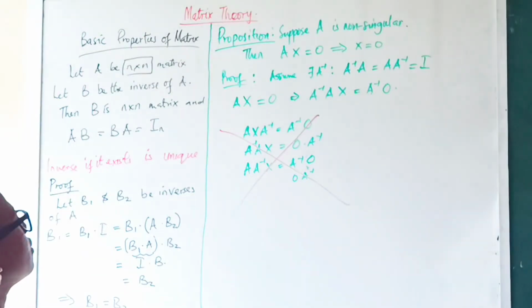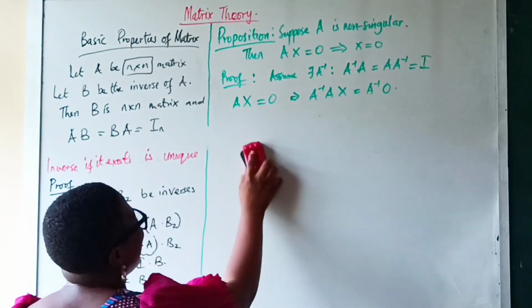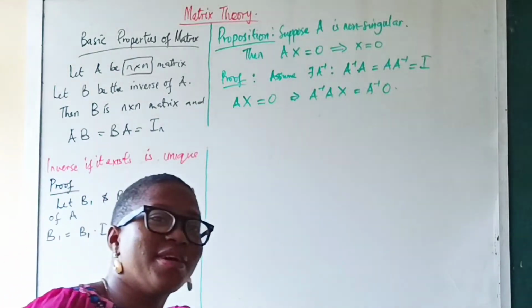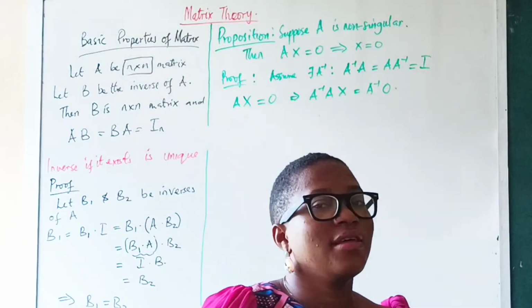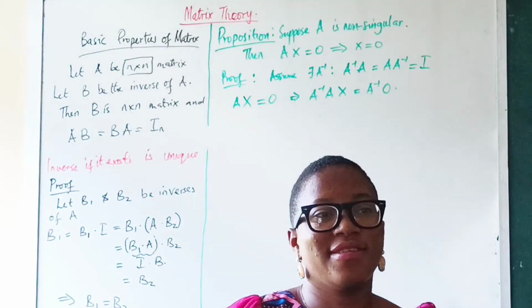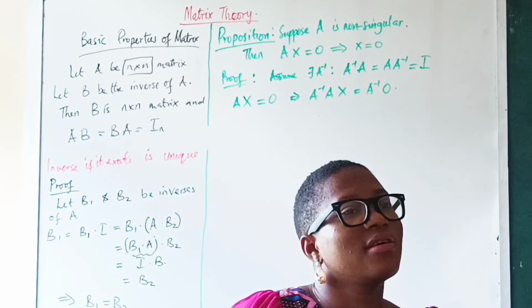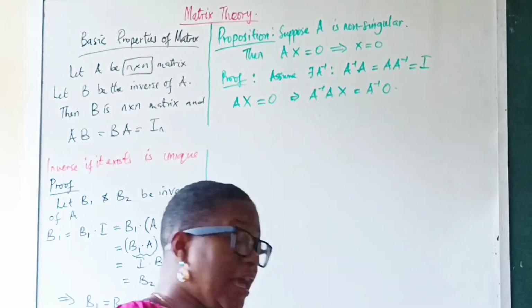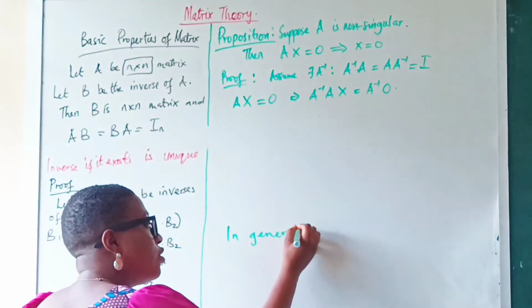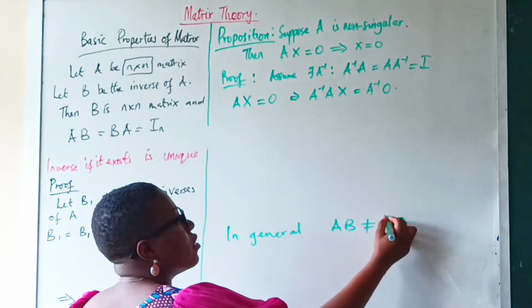You don't understand why it is wrong? Multiplication of matrices is not commutative in general. AB is not equal to BA.